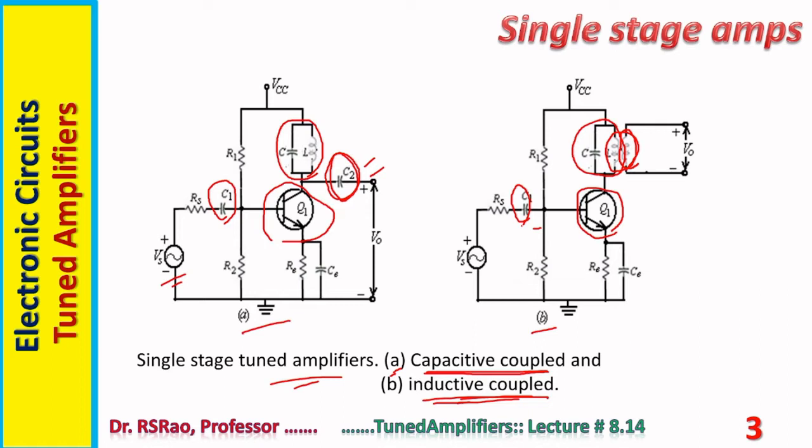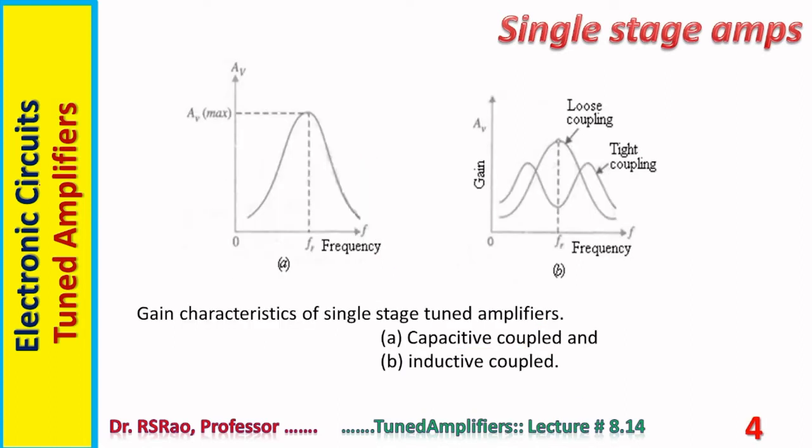In A, coupling between the amplifier and the next stage or load is through a capacitor. In B, it is an inductor. That's why the amplifier shown in A is said to be capacitive coupled and the amplifier in B inductive coupled. Here is shown the gain characteristic of single stage tuned amplifiers.